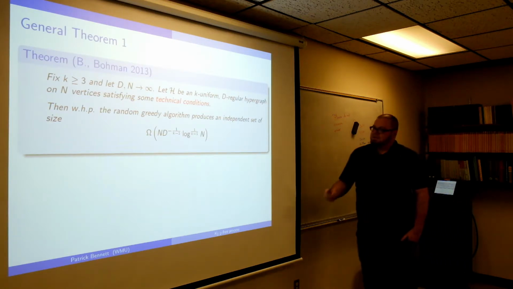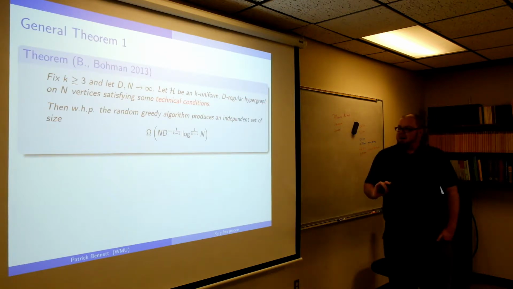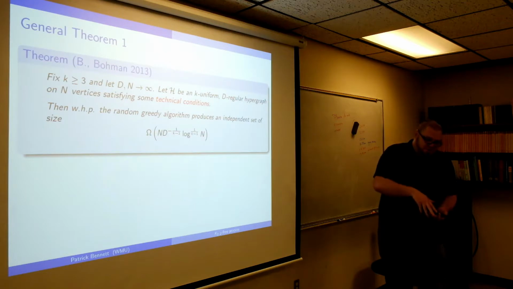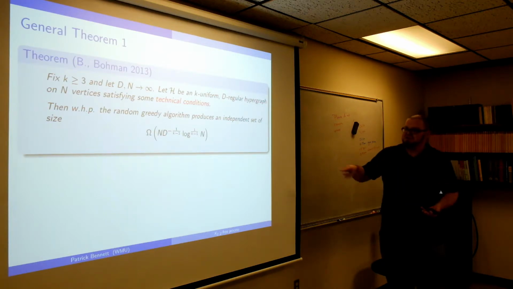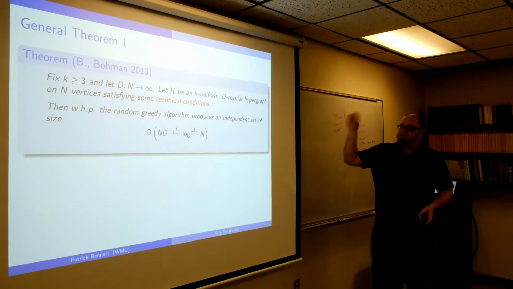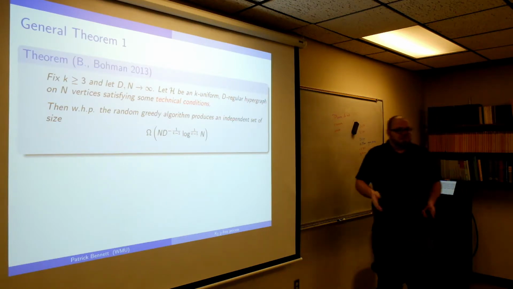But this is, in a sense, a generalization of parts of Bohman and Keevash's G-free paper. For example, if you just consider the hypergraph that corresponds to the G-free process, where each potential edge is a vertex in the hypergraph, and each potential copy of G is an edge in the hypergraph, and the hypergraph does satisfy these technical conditions, so you just apply our theorem and you get the same lower bound they got.